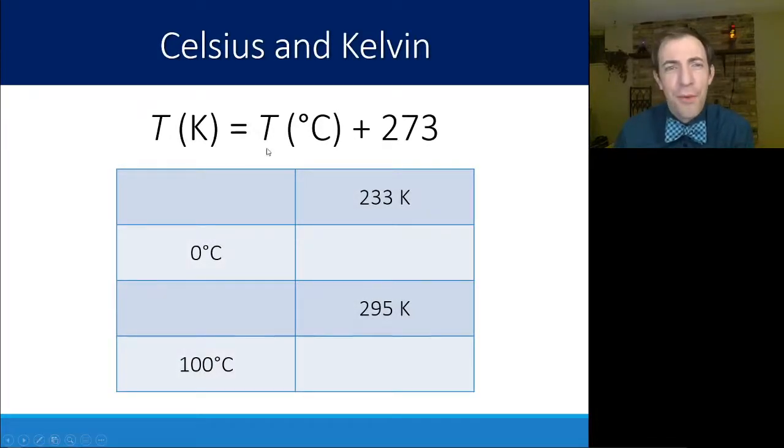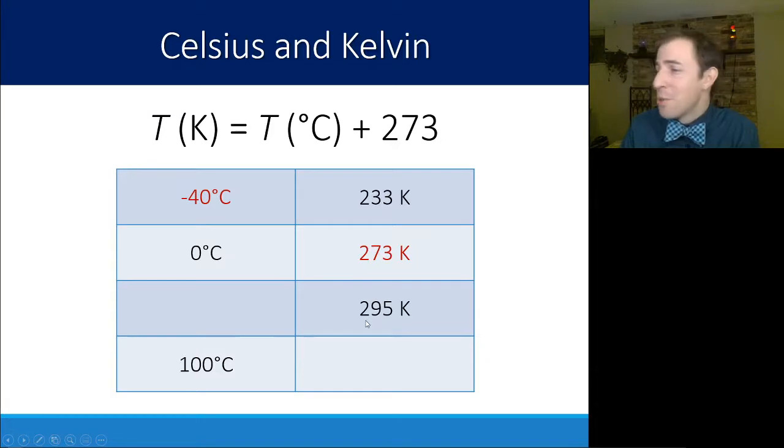As I mentioned before, Kelvin and Celsius are just offset of each other, and that offset is 273 degrees. The IB Physics data booklet gives you this conversion: temperature in Kelvin is just Celsius plus 273. That means if you wanted to go from Kelvin to Celsius, you subtract 273. So 233 Kelvin is negative 40 Celsius. 0 degrees Celsius, when water freezes, is 273 Kelvin.